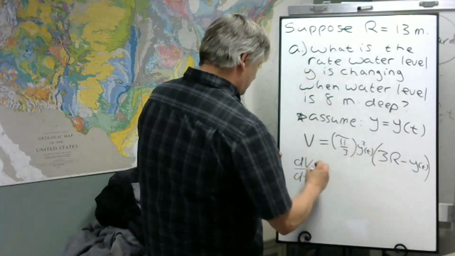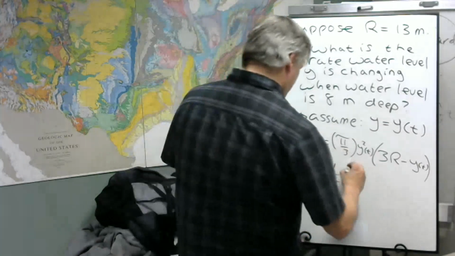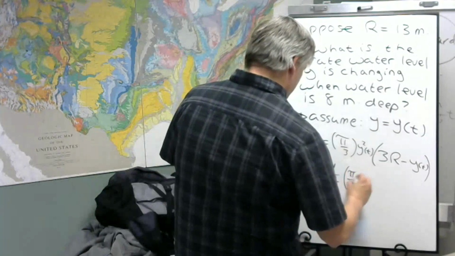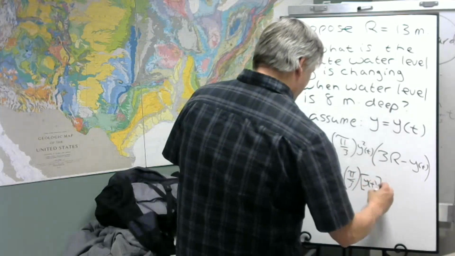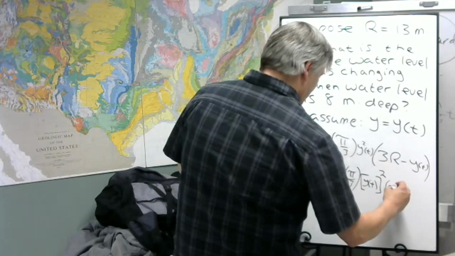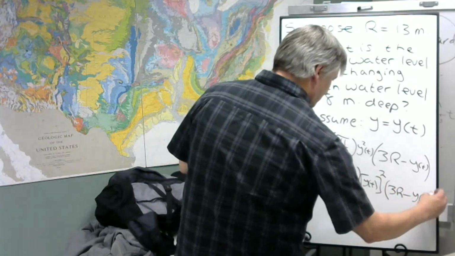dV/dt is d/dt of our constant, and I'll rewrite this as an inside function with an outside function, and we have 3r minus y of t.